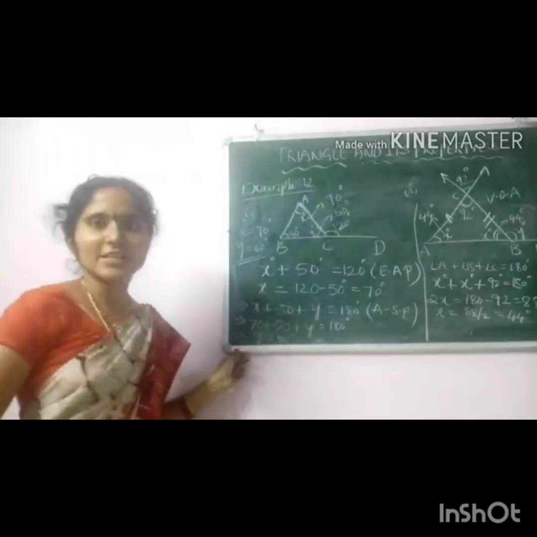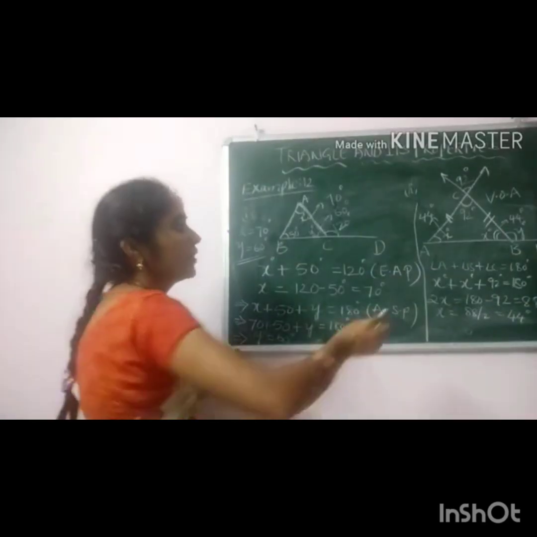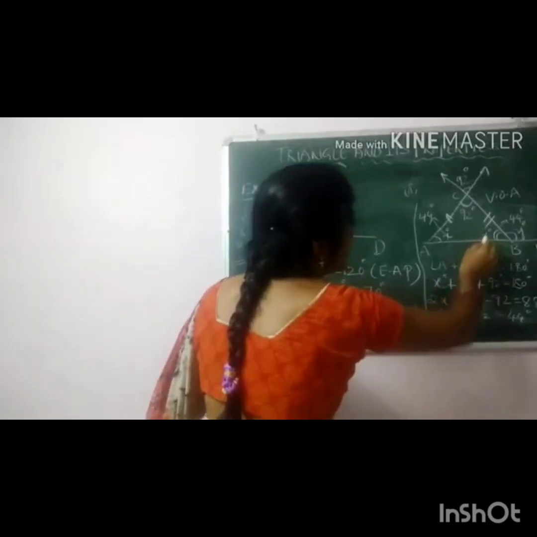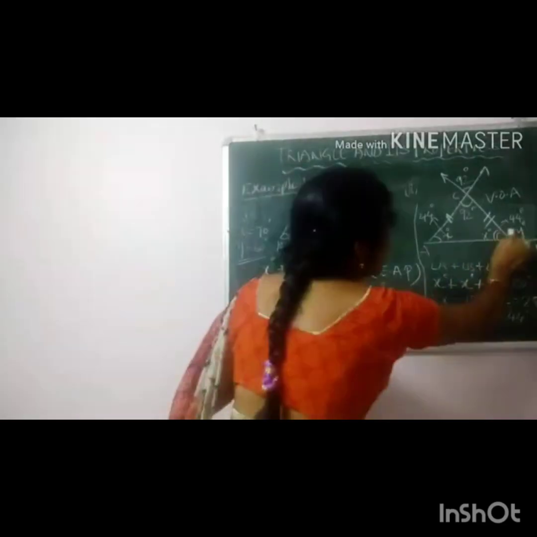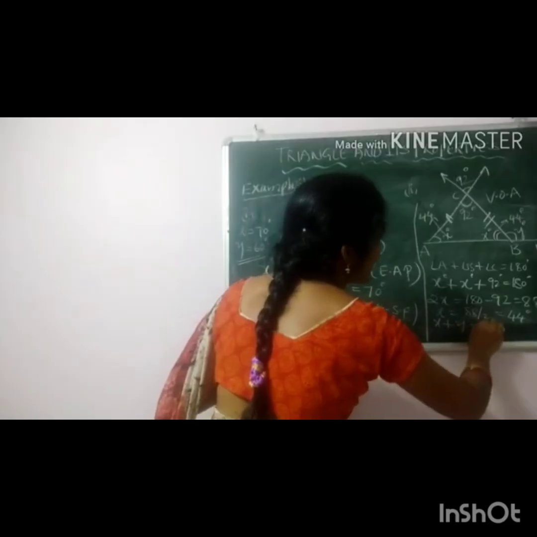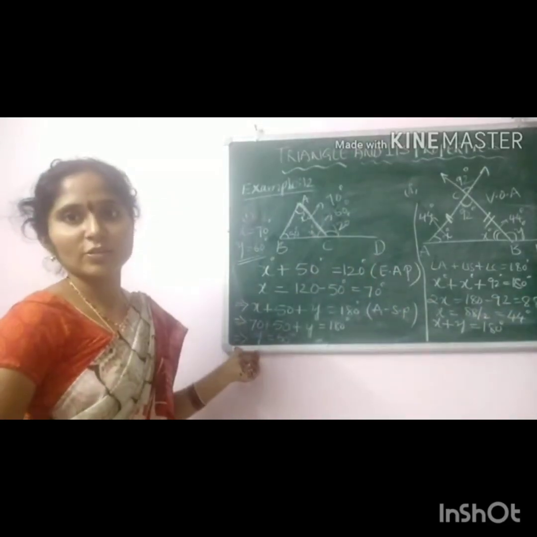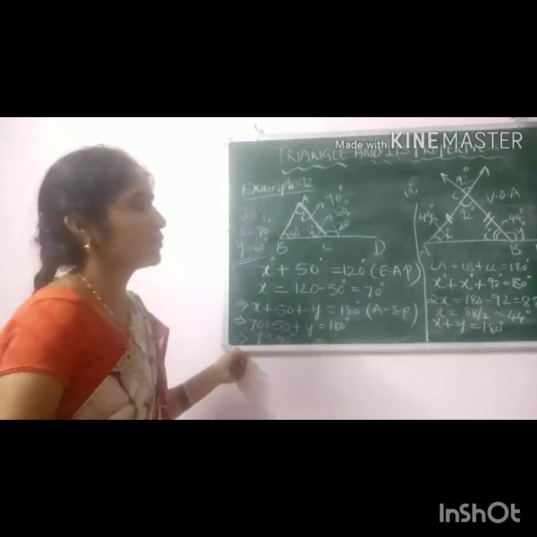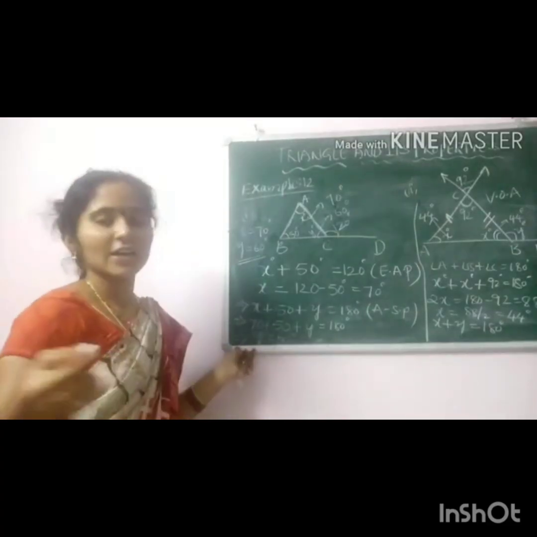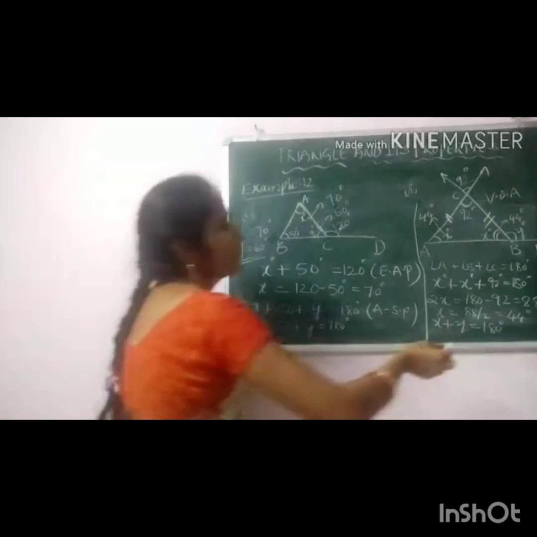These two angles are equal. Now we should find y. How to find y here? We know the x value, 44 degrees. See, these two, angle x and angle y, form a linear pair. So the sum of the two angles is equal to 180 degrees. If they are a linear pair, then if we add those two angles, we get 180 degrees.